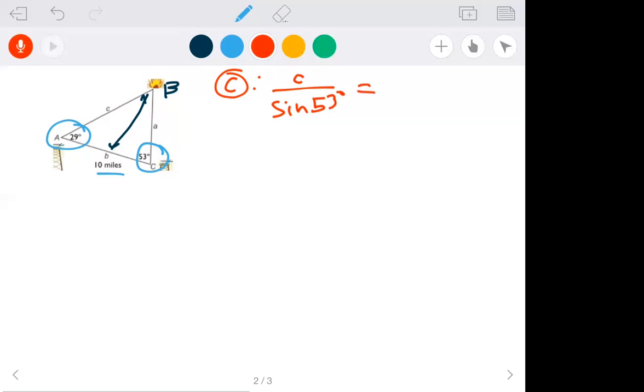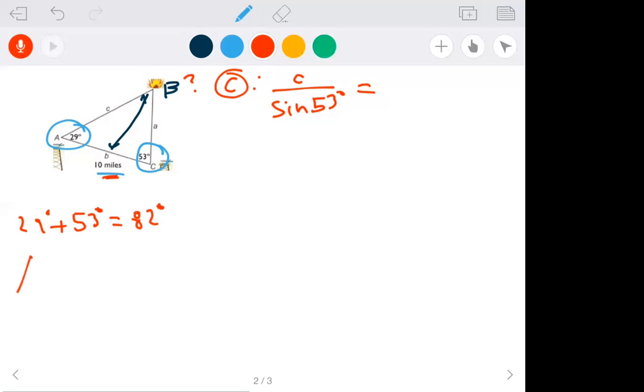And that's going to be equal to, now we should always pair it with a side and an angle that we know. In this case, we know the side length B is 10 miles, but do we know what angle B is? We don't, but we can easily figure that out. If we know that it's 29 degrees and 53 degrees, that is equal to 82 degrees.